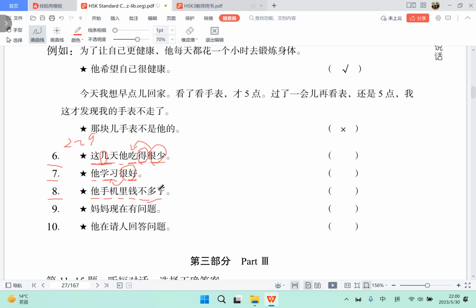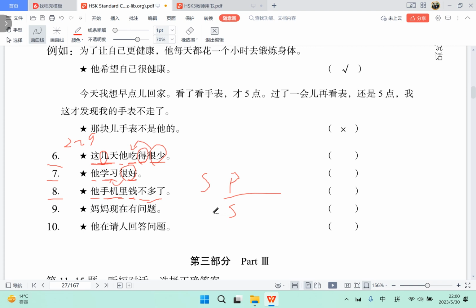And number 8, 第八题, 他手机里钱不多了. This sentence is quite interesting. The structure is like a subject and predicate, but the predicate can also be an independent sentence. So it's 手机里, in the cell phone, 钱, the money, is not too much.